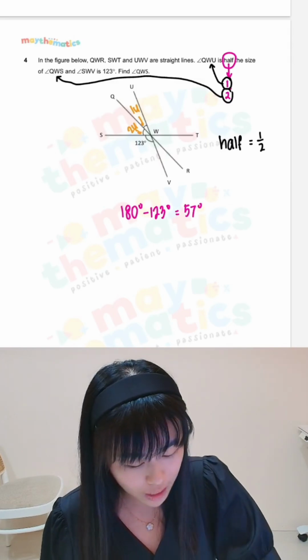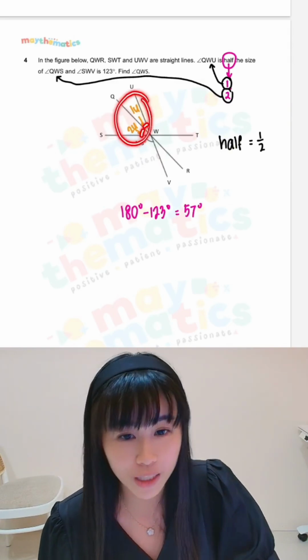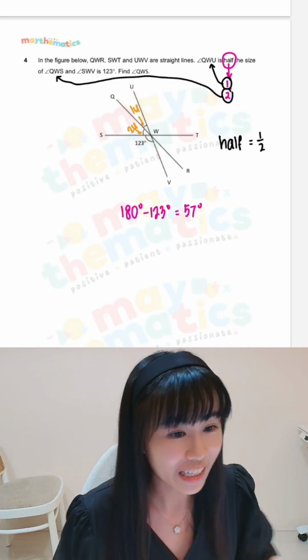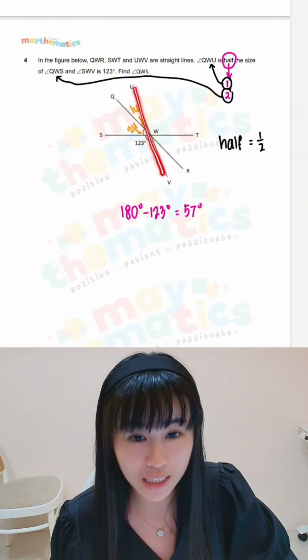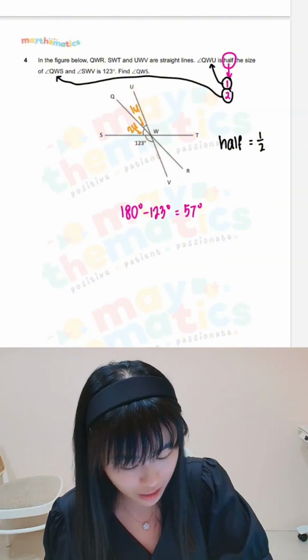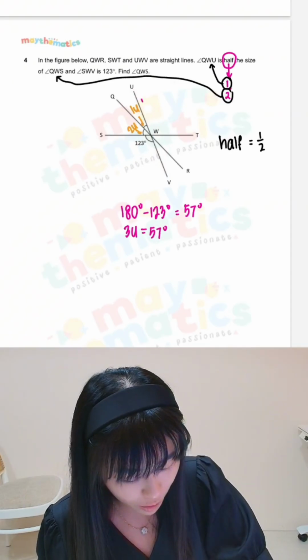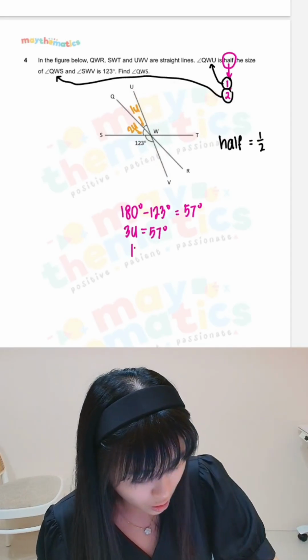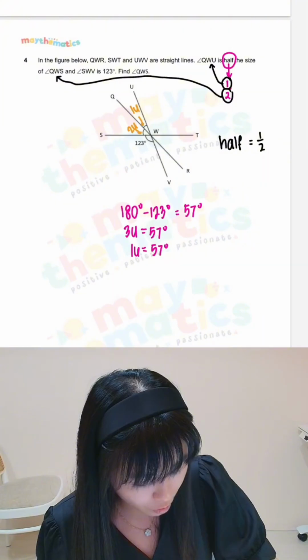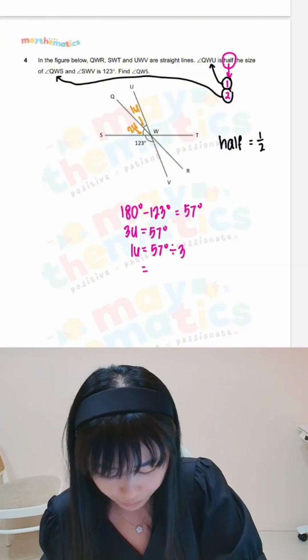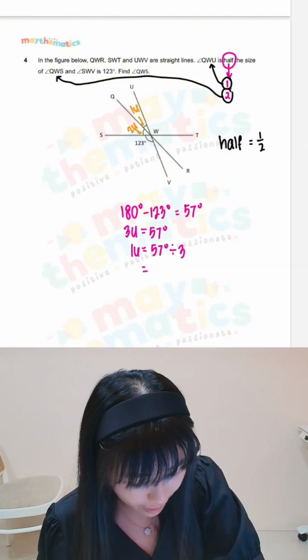So your 57 degrees equals how many units? Giselle says 3 units. So 3 units is 57 degrees, because 1 unit plus 2 units is 3 units. So 1 unit will be 57 degrees divided by 3, which is 19 degrees.